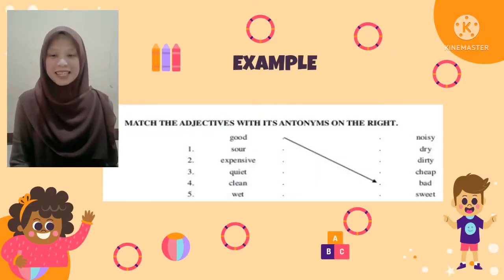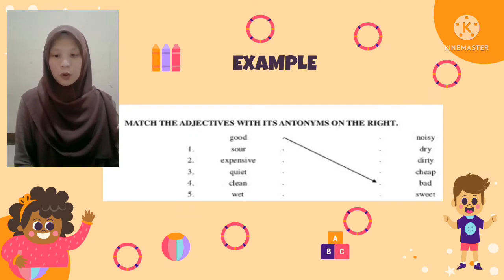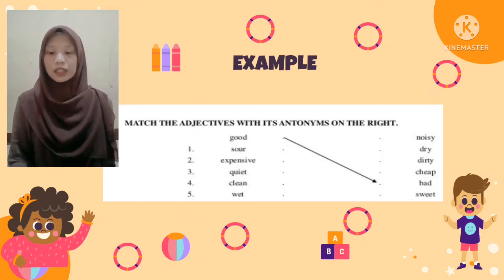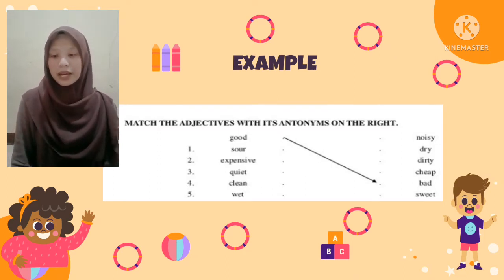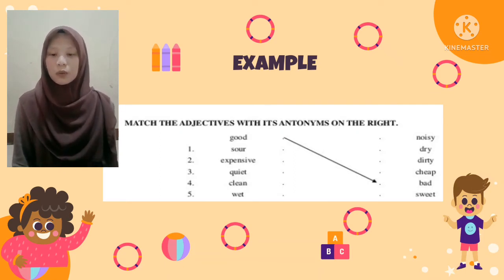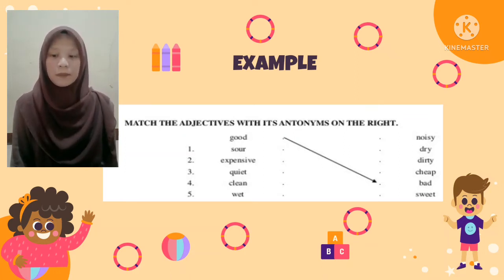And the next is an example of a matching question. I have one table. Match the adjective with its antonym on the right. I have a right column and a left column. The right column has the words good, sour, expensive, quiet, clean, and wet.